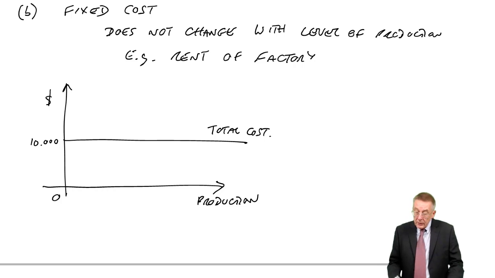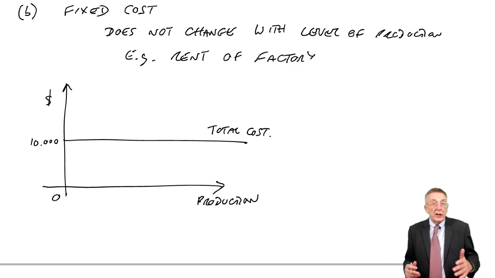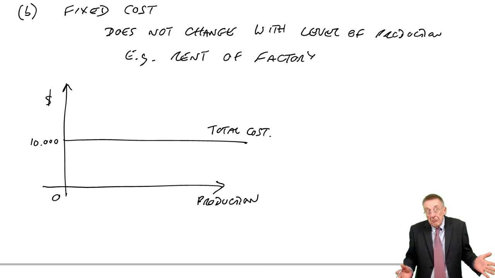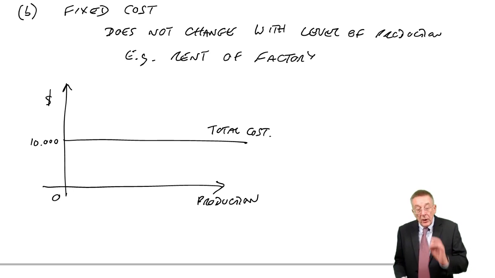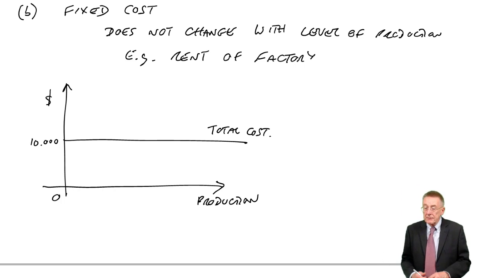One neat thing there, though, that by definition is a fixed cost. Incidentally, it doesn't mean it's never going to change. Rent of the factory might go up next year. So it's not fixed at 10,000 forever. But the point is, it doesn't change with the level of production. That's what makes it a fixed cost.